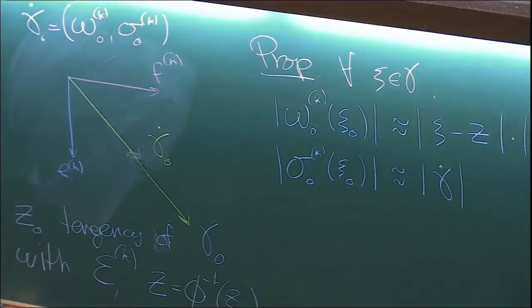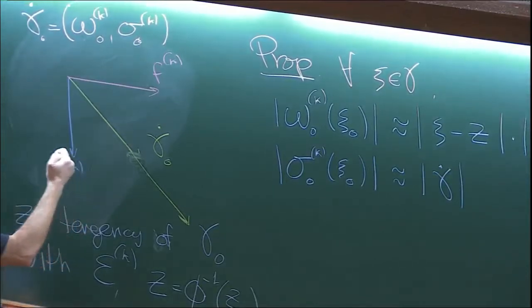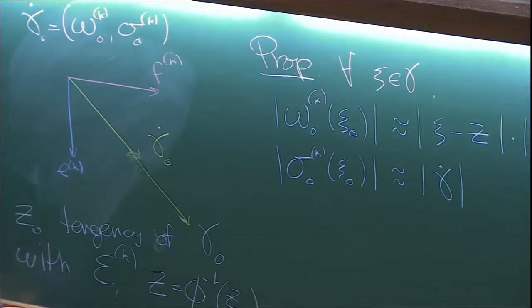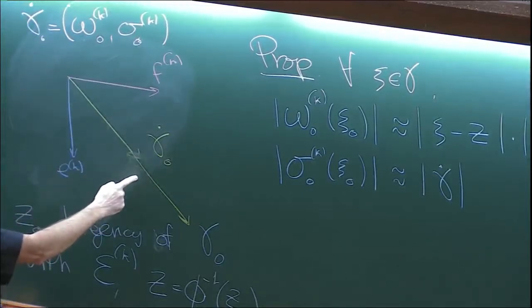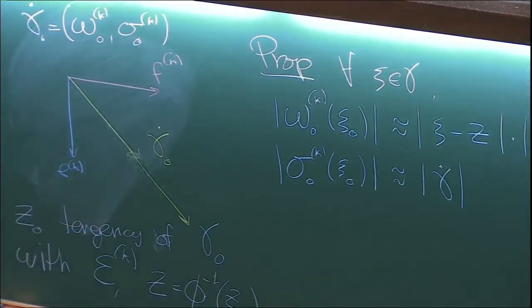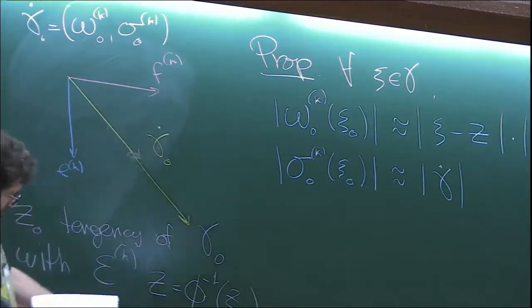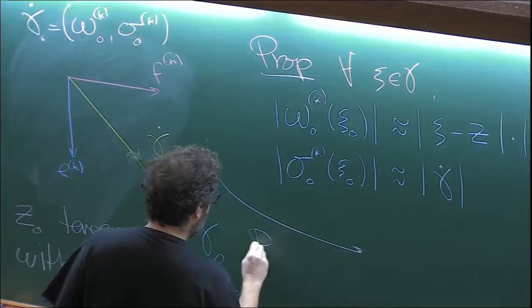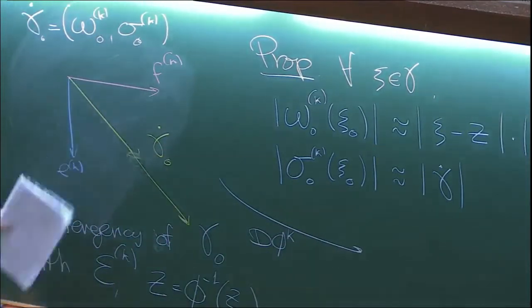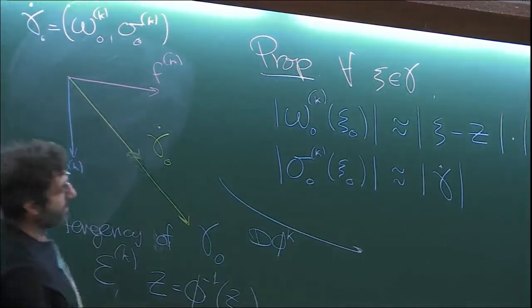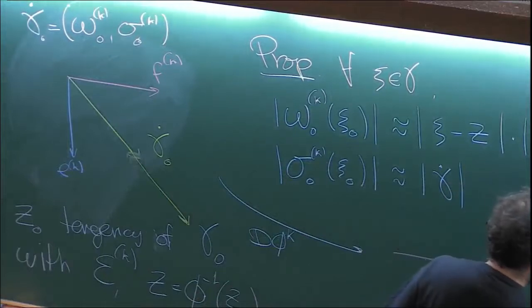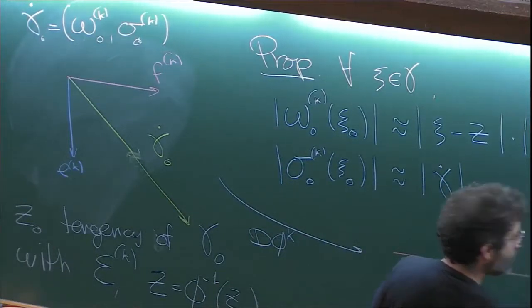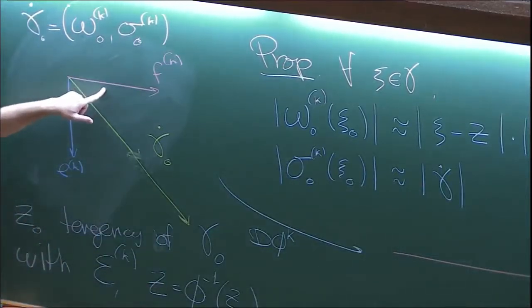What matters is the position of the vector in these coordinates, because we can understand very well the action of the derivative in these coordinates. If you remember, the derivative has a diagonal form in these coordinates, right? So now if we apply d phi k, what is going to happen? We're going to get fkk here, which is the image of the most expanded direction, and this is expanding exponentially fast because we are in the uniformly hyperbolic region.